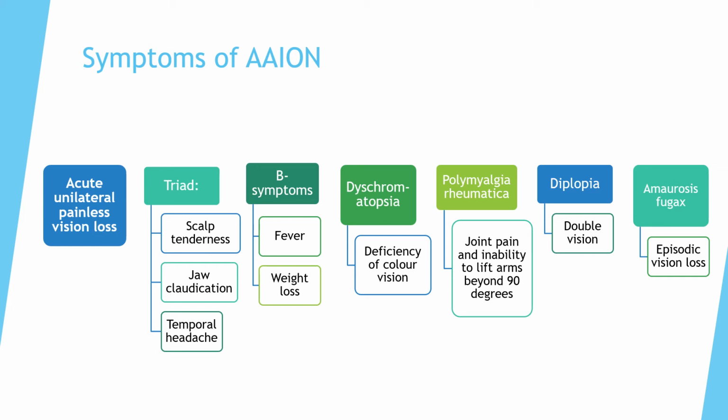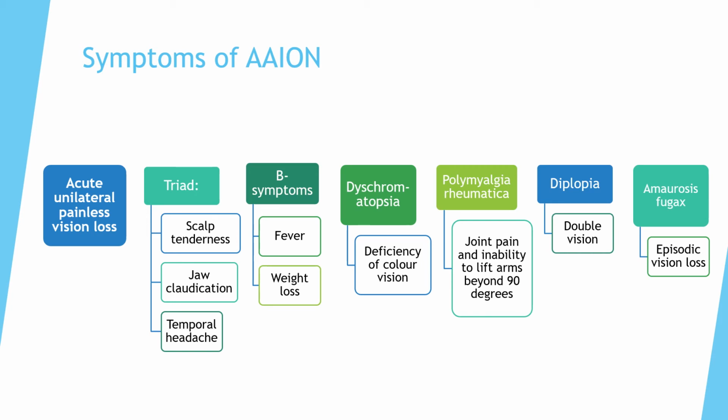Polymyalgia rheumatica does not always happen with AAION, and also AAION doesn't always happen with polymyalgia rheumatica. This is a joint pain and inability to lift the arms beyond 90 degrees, so girdle limitations of the range of motion.